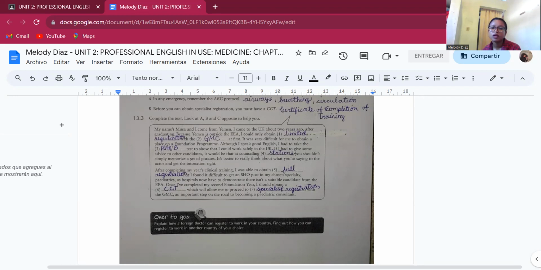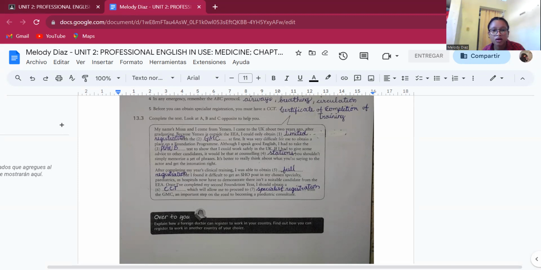Exercise 15.3. Complete the text. Look at A, B, and C opposite to help you. My name's Musa, and I come from Yemen. I came to the UK about 2 years ago after graduating.